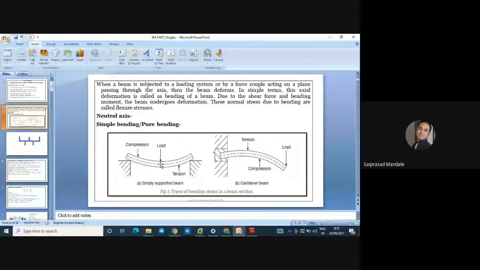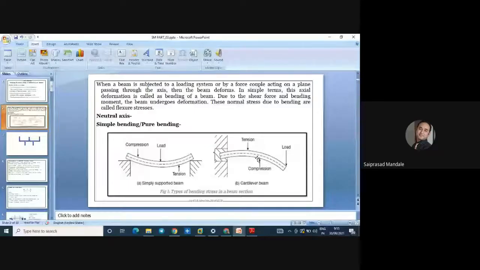The point is, at the extreme there is the maximum tension. At the extreme bottom layer there is maximum tension. At the extreme top there is compression, and at the neutral axis there is no force, no kind of bending observed.